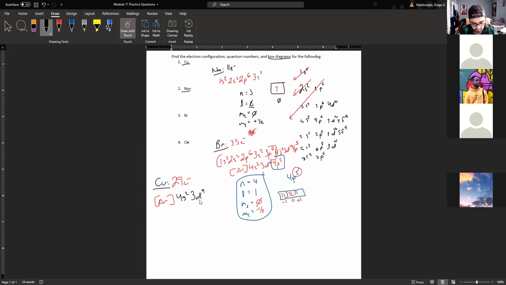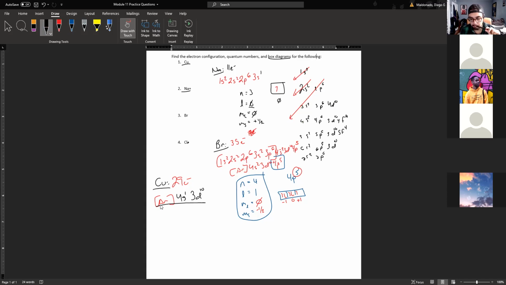It can borrow an electron from the s shell to complete its d shell. It is very close to having a full d shell. So it takes 1 electron from 4s and transfers it to the d shell, leaving 4s with one electron. So this is your corrected copper configuration. It is an exception.